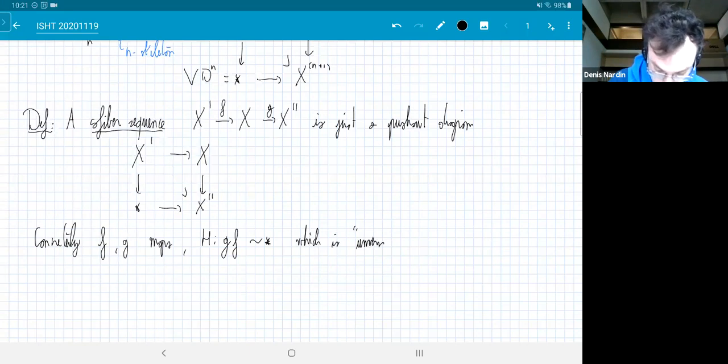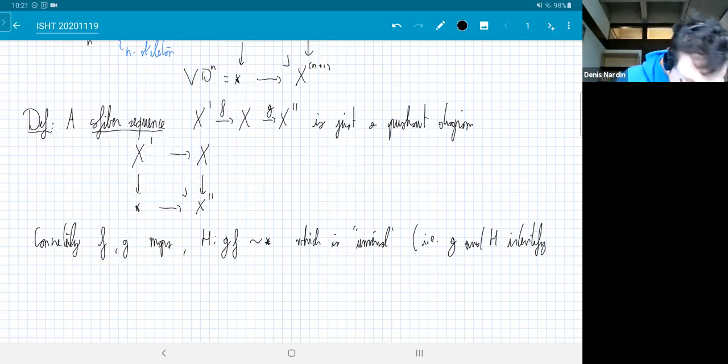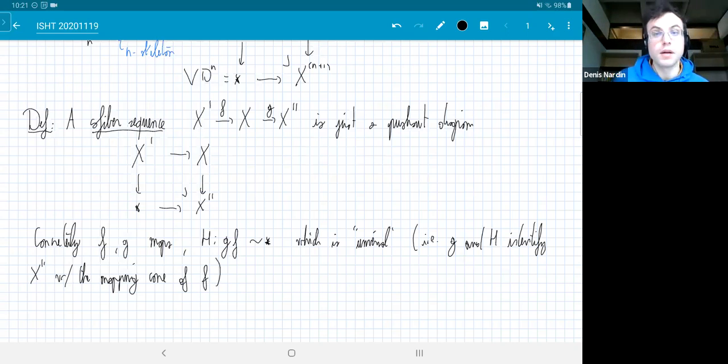And if you remember, last semester we saw that these F, G, and H identify X'' with the mapping cone of F. Remember.